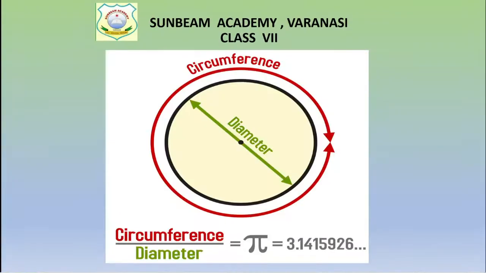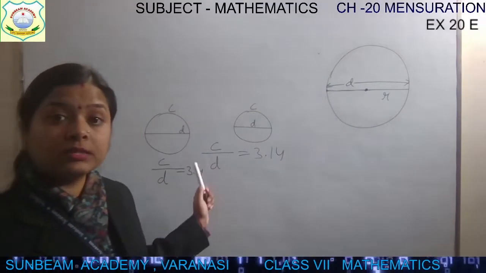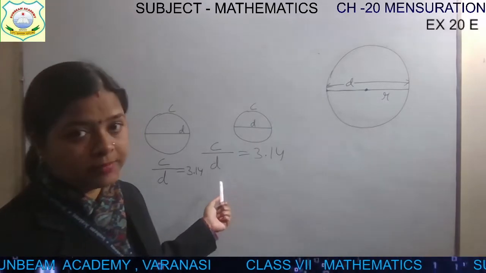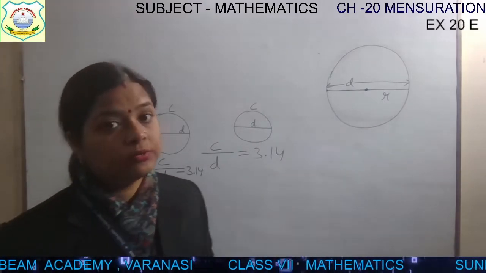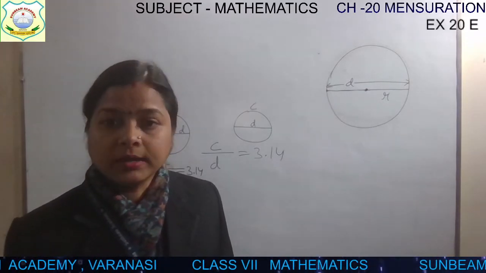So what is it, children? It is the value of pi. I hope this concept is clear to you, that if you divide the circumference of a circle by its diameter, you will always get a constant value. This is 3.14. Now what is our next task?